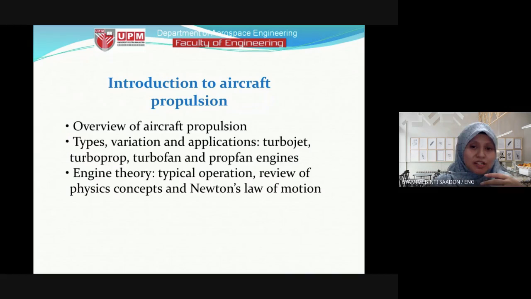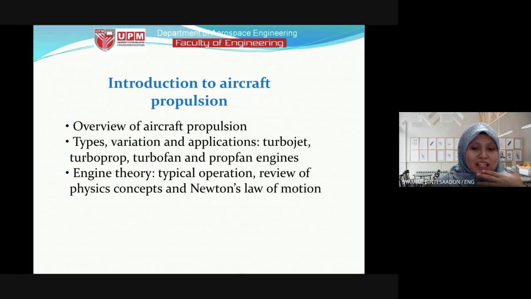Then we will see turbojet, turboprop, turbofan, prop fan engines. More precisely, turbojet and turbofan, because turboprop and prop fan engines are applied more towards helicopters. But for us, we will learn more about aircraft engines, turbojet and turbofan.